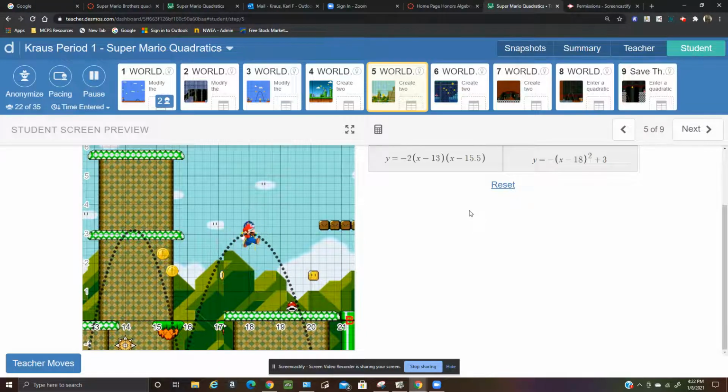Oh, he didn't fall down the crack, but he didn't get these 2 stars here. So I need to make this a little bit wider.